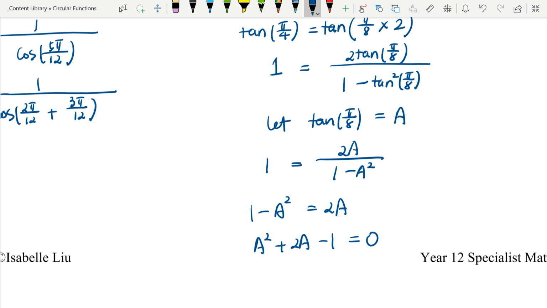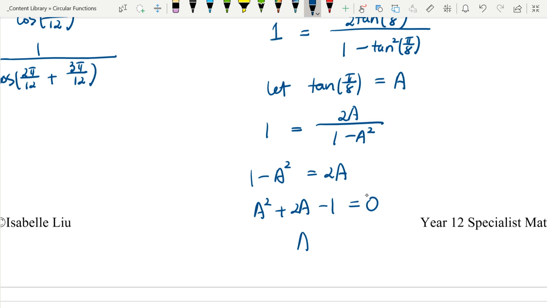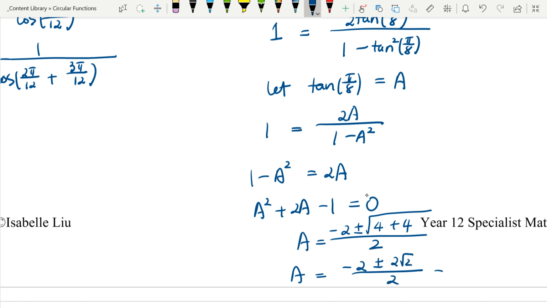I'm just solving for a. You can solve it by yourself, but what's important is I will solve out 2 a values. Minus b plus minus the square root of b squared minus 4ac over 2a. That's minus 2 plus minus 2 root 2 over 2, and that's minus 1 plus minus root 2.